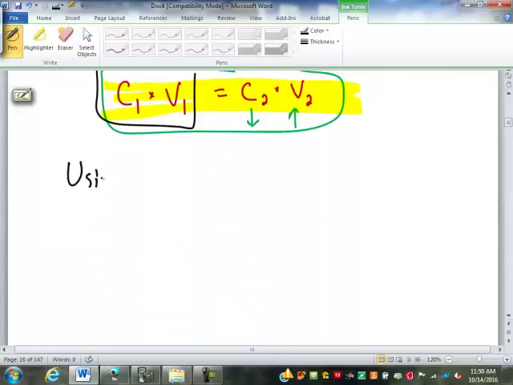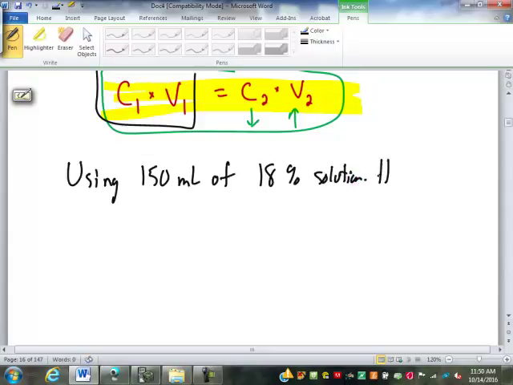So I might say, using 150 milliliters of 18% solution, how much 12% solution can be created?